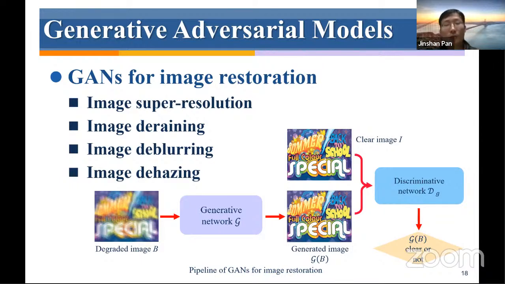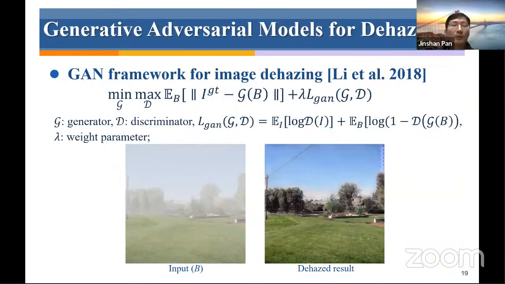And we also note that these methods share similar network designs, but achieve amazing results compared to the prior-based methods. So a question is, do the GAN-based methods really solve the image restoration problems well?